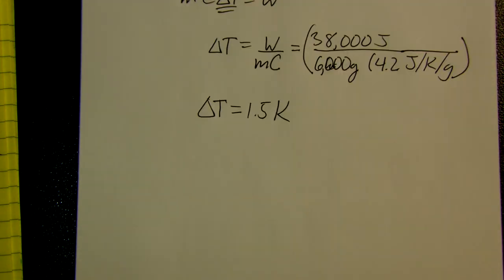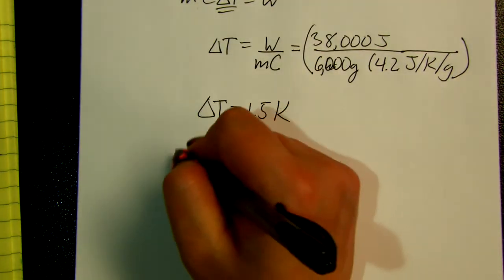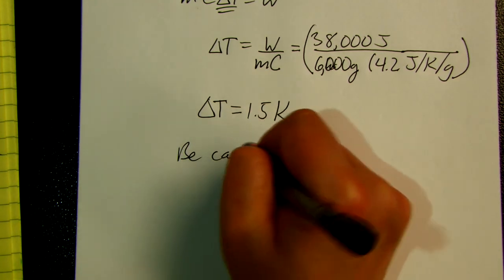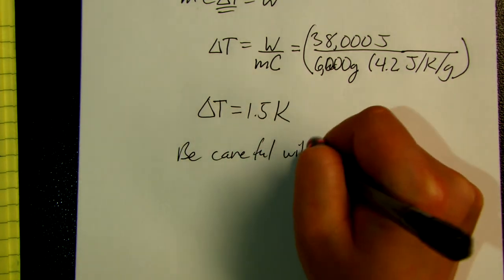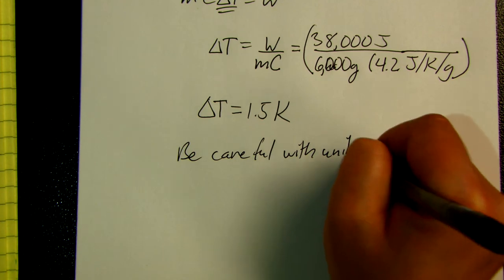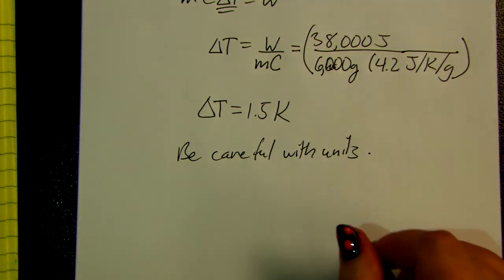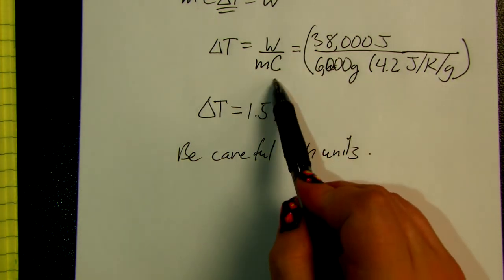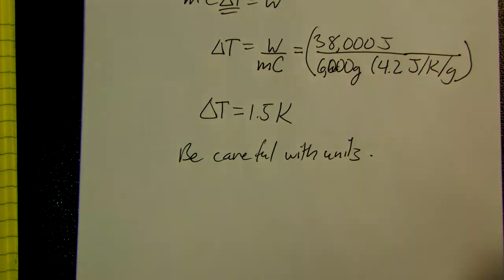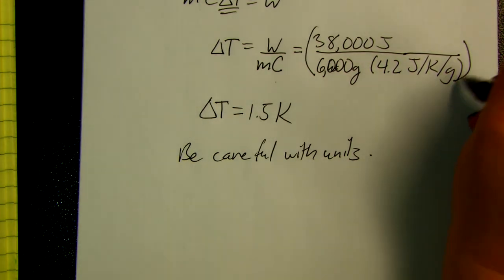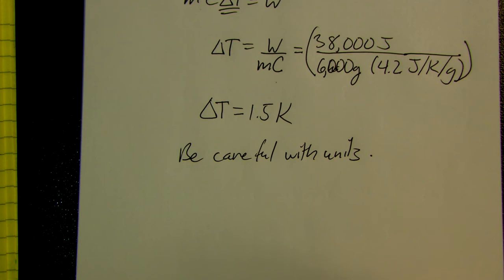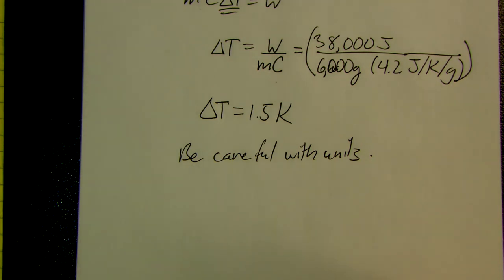So be careful with your units. Make sure you are using the right C for the mass and temperature that you're using. Now, it is possible there are specific heats that have been measured for Fahrenheit. Unless you're going to work with a Fahrenheit scale, do not use those specific heats.